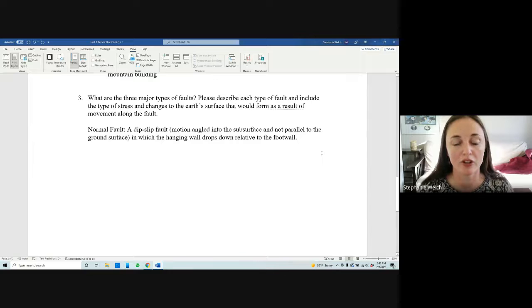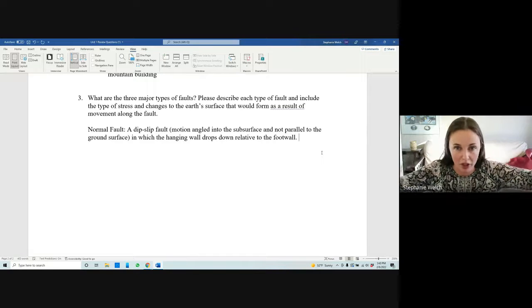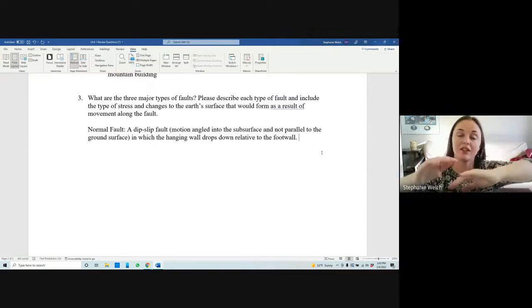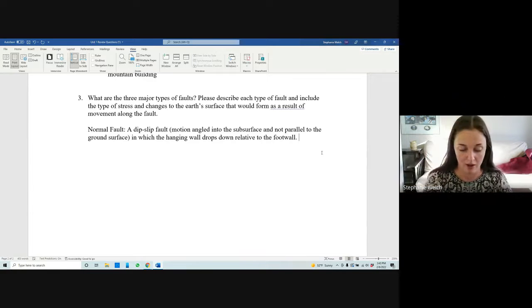So a normal fault is a dip-slip fault in which the hanging wall drops down relative to the footwall. In order to do that, something has to actually be pulling on both of the blocks of material. First it has to break, and then there has to be motion along that break.